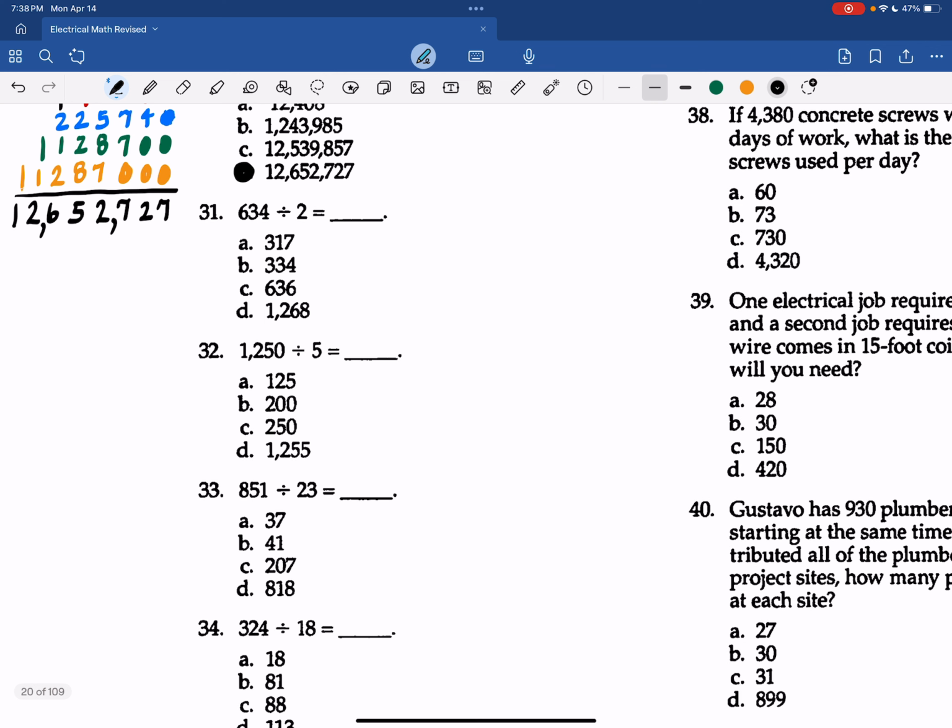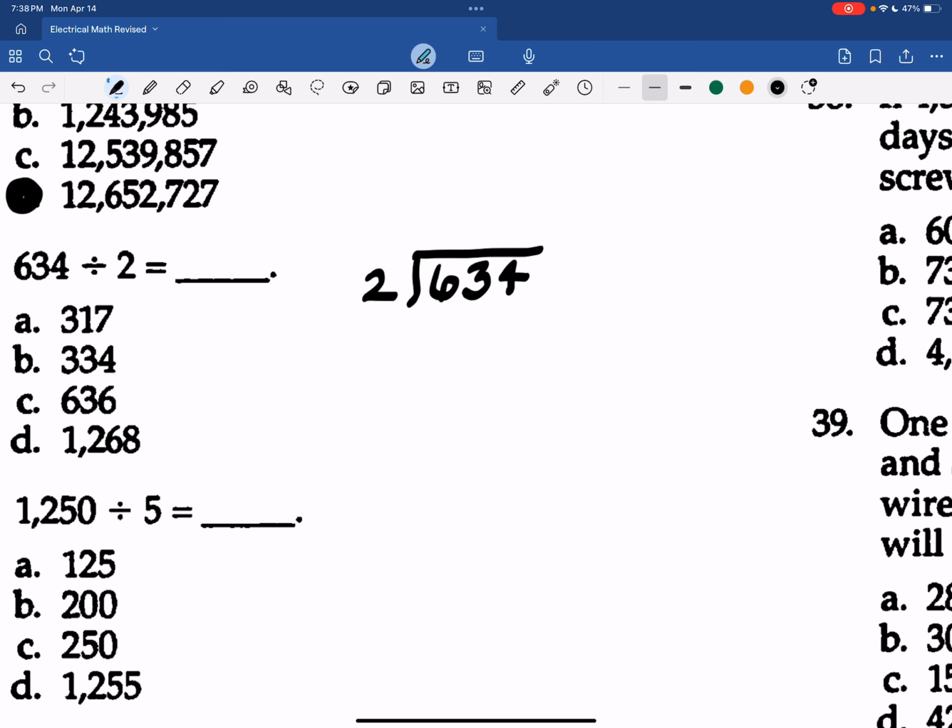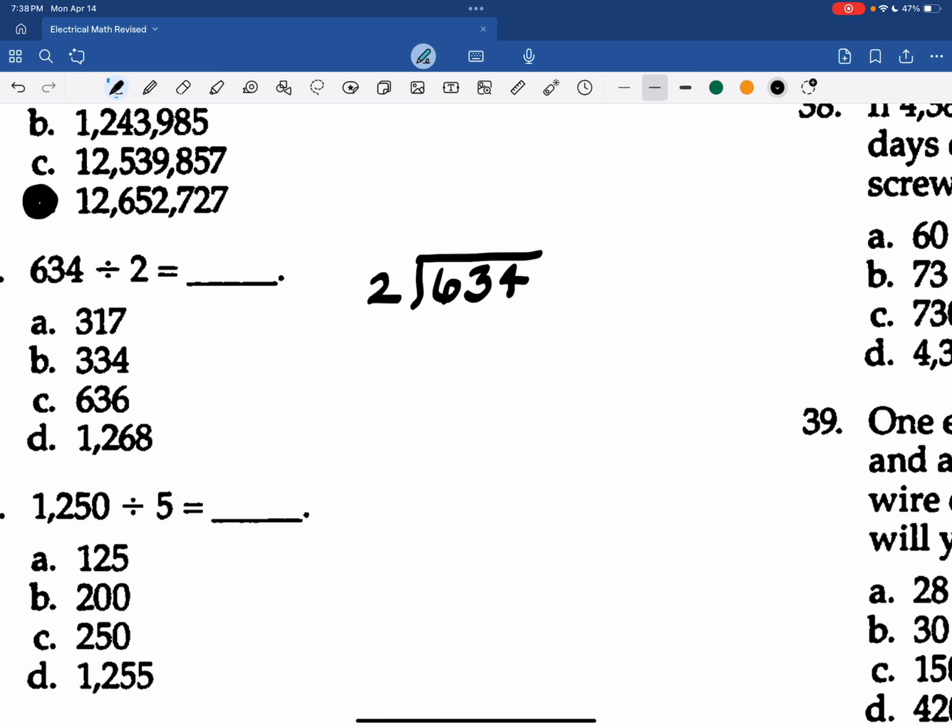All right, number 31, we have to divide. So I have 634 divided by 2. The key to long division is keeping it lined up. 2 into 6 goes 3 times with none left over.